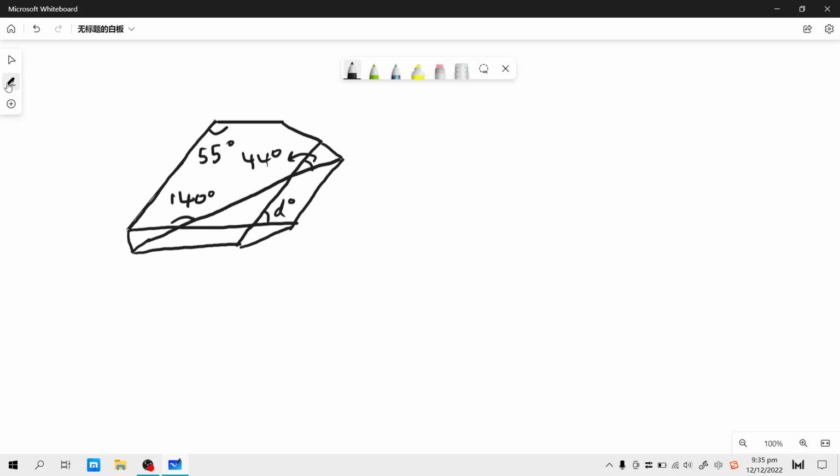Actually, one part of this figure is the same as the figure on top we just did. So where is it? Here. Well, ignore the words. It's actually here. See that?